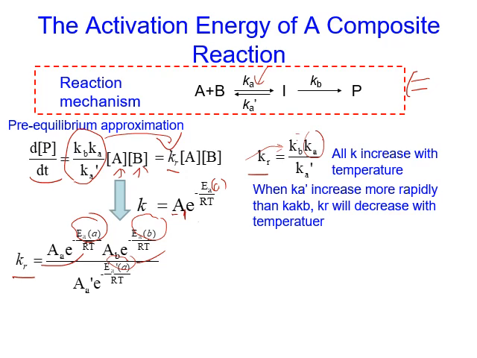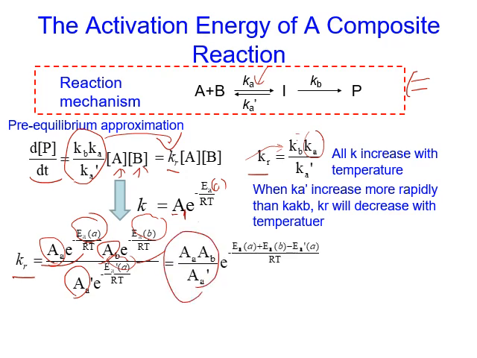Now let's combine all these pre-exponential constants together and give a new pre-exponential constant here. And for the exponential power, when they multiply, the powers should add together. So these two add together and minus this one. They all have RT, so factor out RT, and that gives you the activation energy for the first forward reaction, plus the second forward reaction, minus the first reverse reaction.